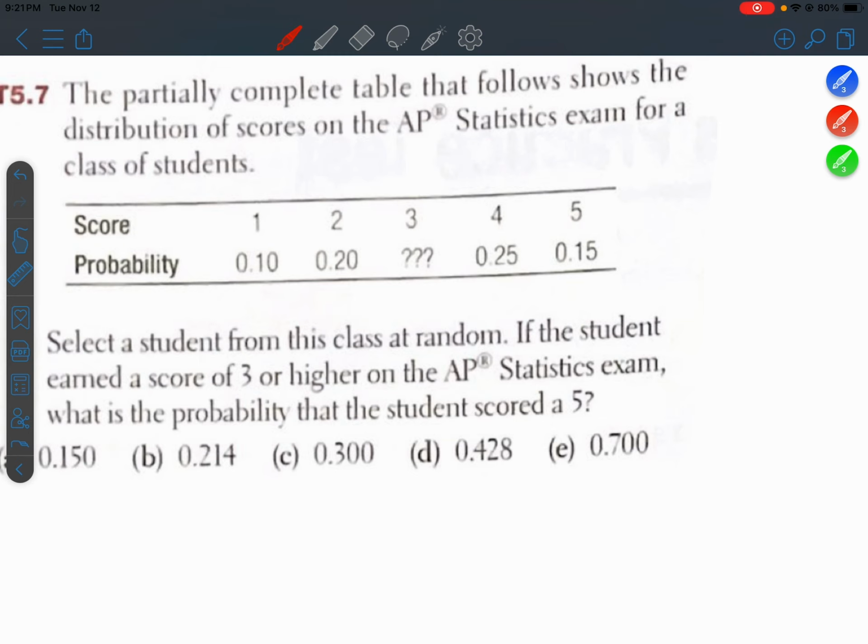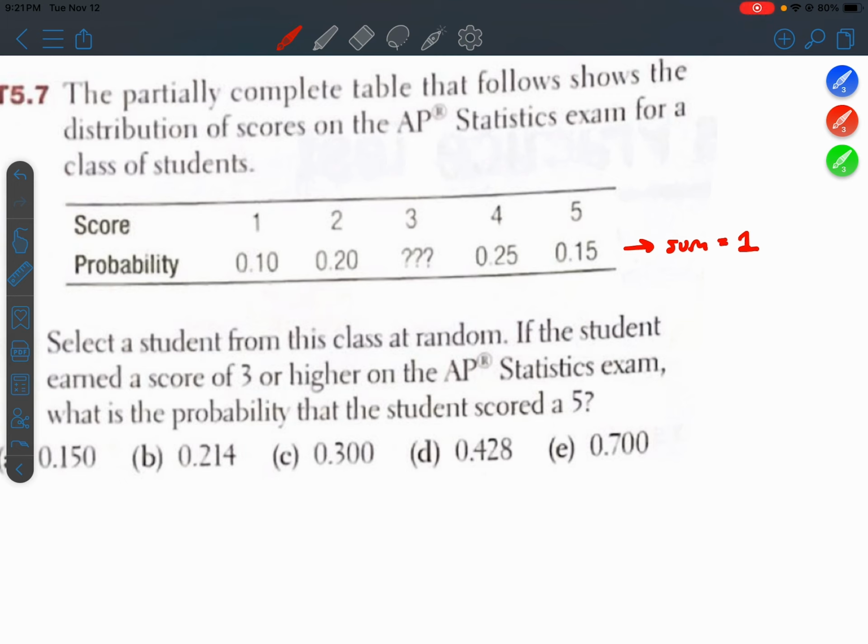All right, so before we look at the rest of the question, let's just figure out what the missing probability is. We know that the sum of all the probabilities must equal 1. So if we add up the 4 probabilities that we know and subtract that from 1, we'll get the missing probability.